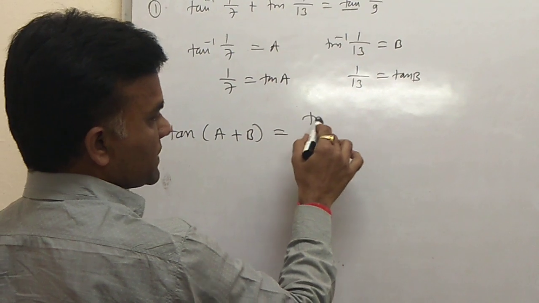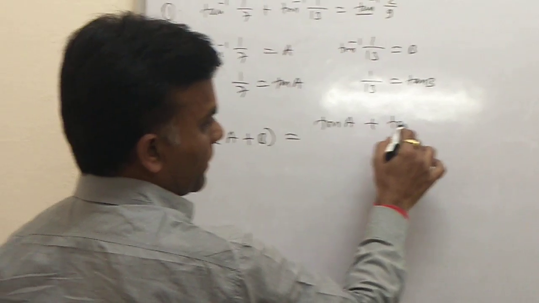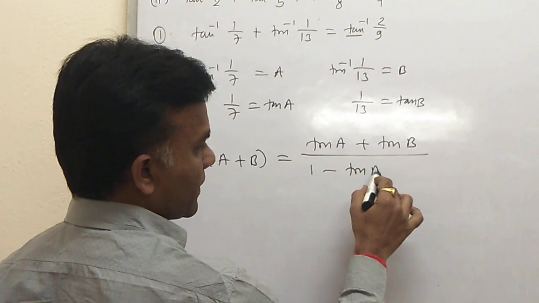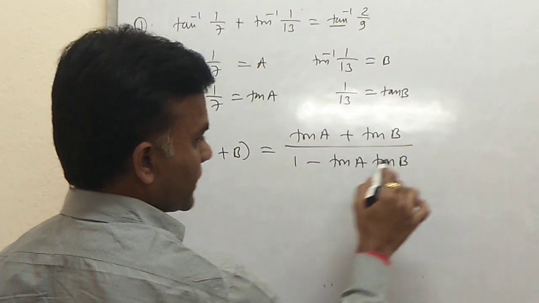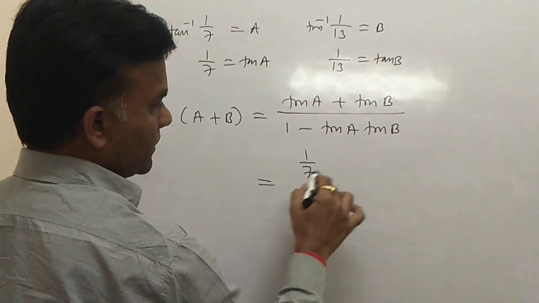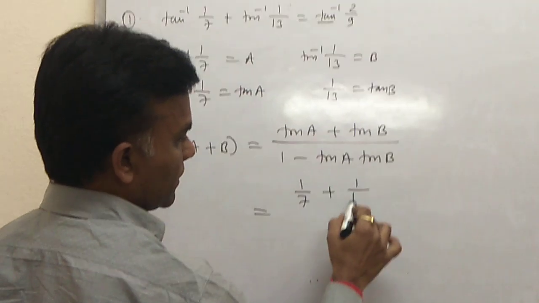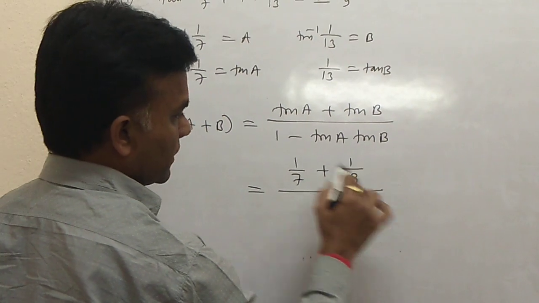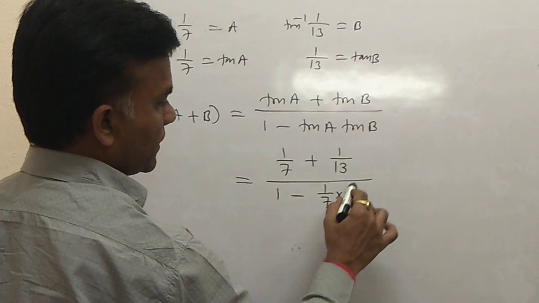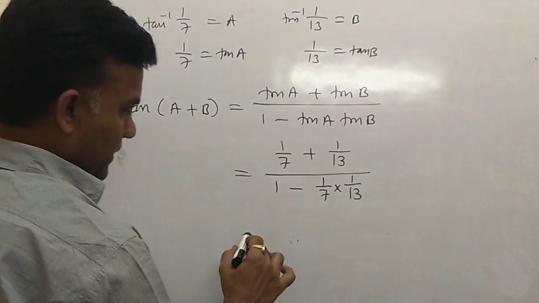Okay, tan of A plus B, which is equal to tan A plus tan B upon 1 minus tan A tan B. Okay, then what is the value of tan A? That is 1 by 7. What is the value of tan B? 1 by 13. And then here you have 1 minus 1 by 7 into 1 by 13.